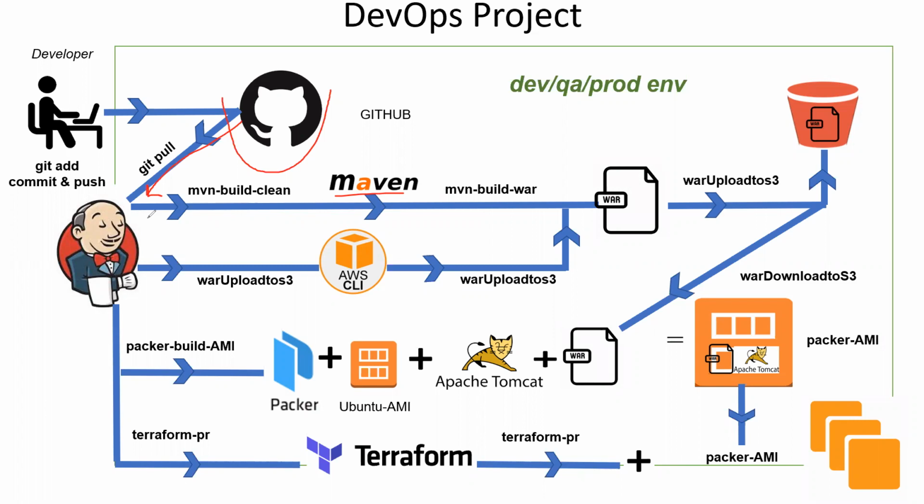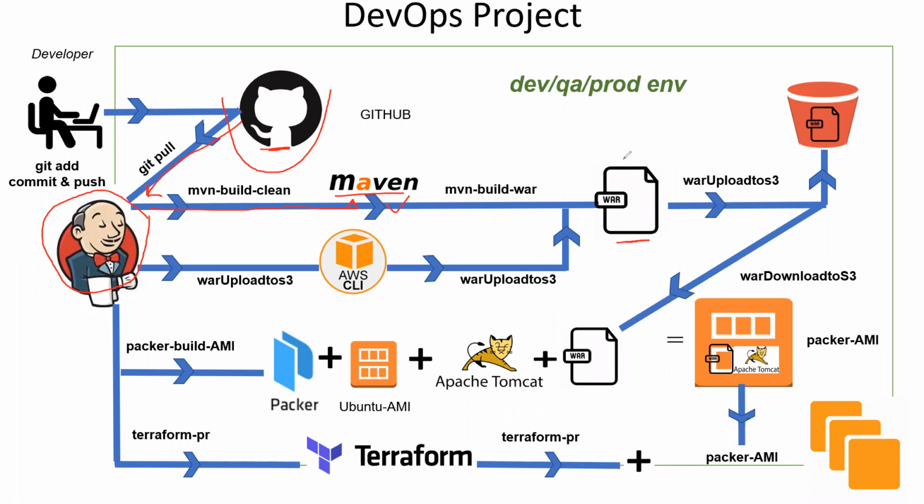So for this, we need a tool that can do all these integrations, which is where Jenkins comes into picture. If Jenkins is coming into the picture, we expect Jenkins to pull the code from Git, build the code using Maven, and we expect the artifact to be generated, which is the WAR package.